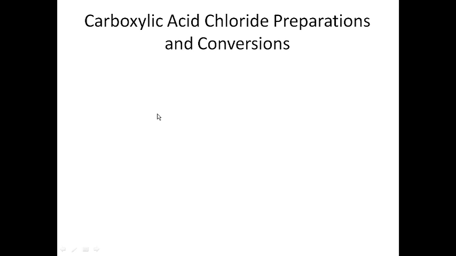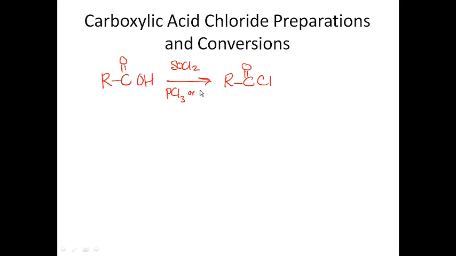So, carboxylic acid chloride preparations and conversions. How do we convert a carboxylic acid to a carboxylic acid chloride? I should make this an online quiz question and make you answer it, but hopefully at this point everybody remembers SOCl2 or PCl3 or PCl5.